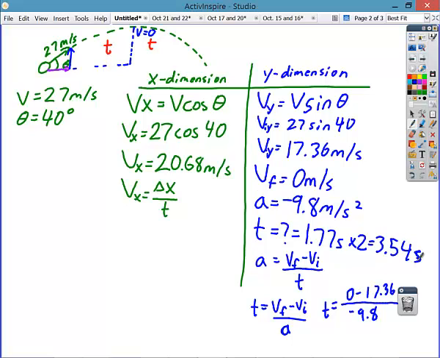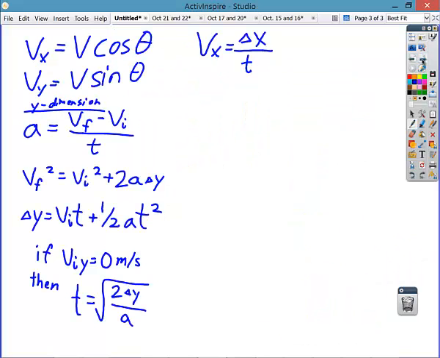There's another equation that we could have used, but I'm not sure if I want to. Yeah, what the hell, why not? Let's try it. So, one other equation, guys. You see this equation here, where delta y is equal to VI T plus 1/2 A T squared? If this object starts off at the table, and then it lands on the table, then what's its displacement?